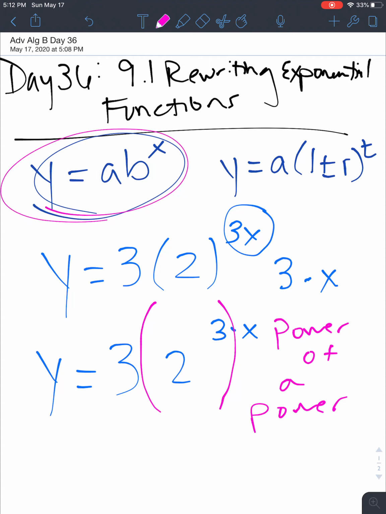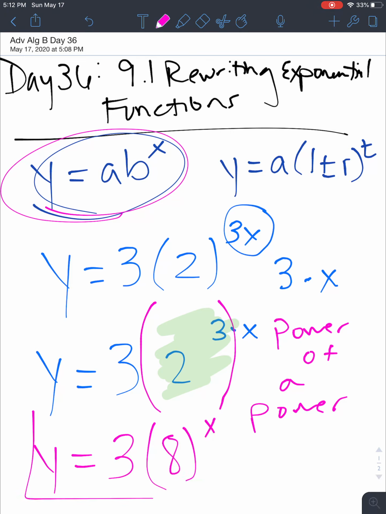So in order to find out what this would look like in y equals ab to the x format, all we have to do is evaluate 2 to the third power, or 2 times 2 times 2. So then we have y equals 3, 2 to the third power is 8 to the x.